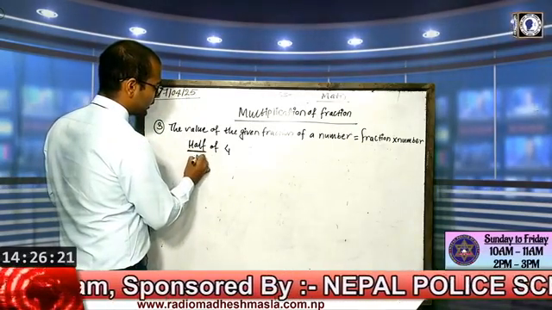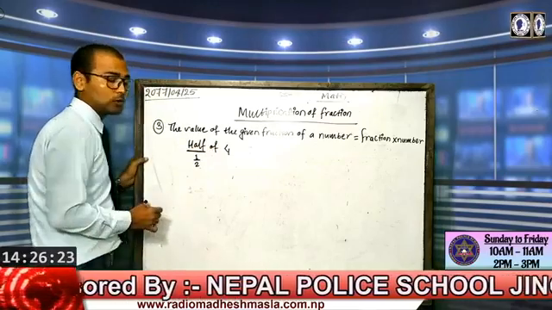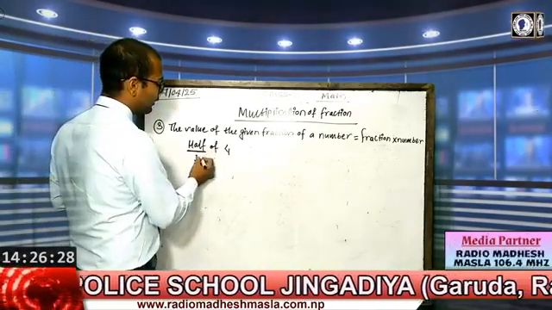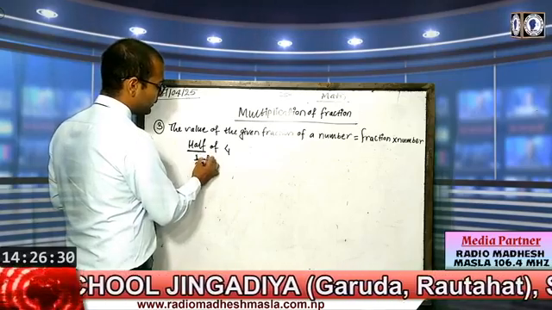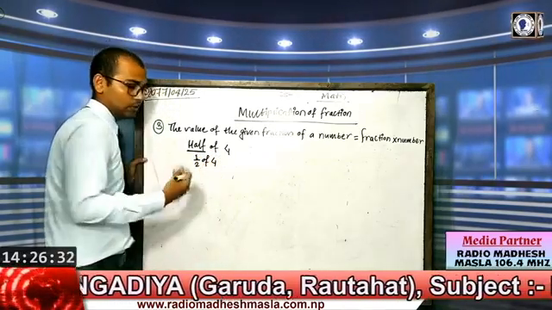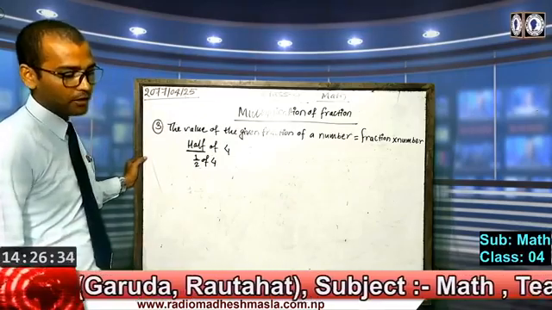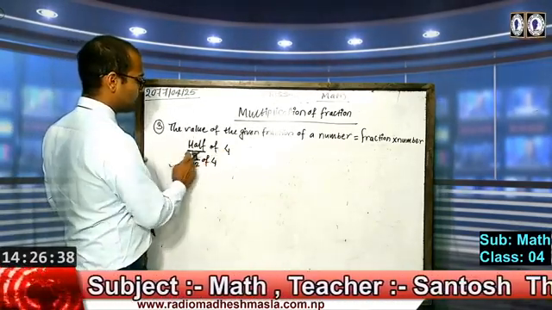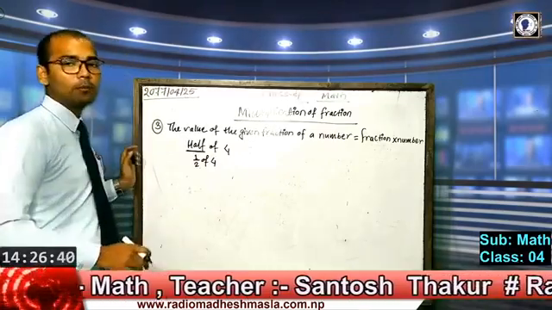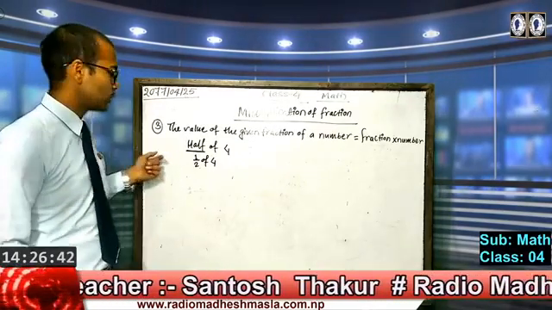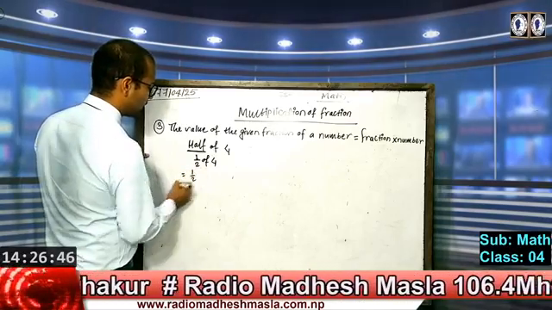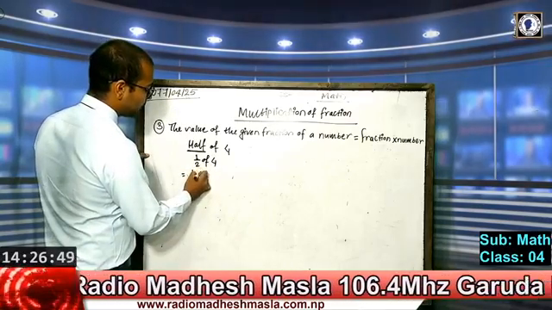We use the fraction 1/2 for half. So in place of half we can use 1/2, and "of" is an operation. So 1/2 of 4, half of 4, means 1/2 of 4.